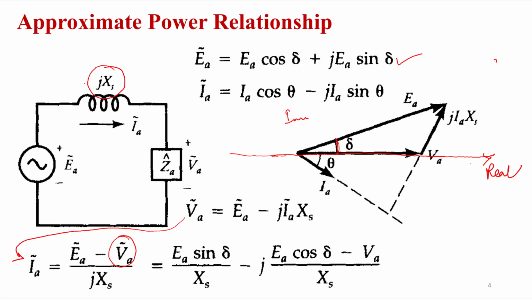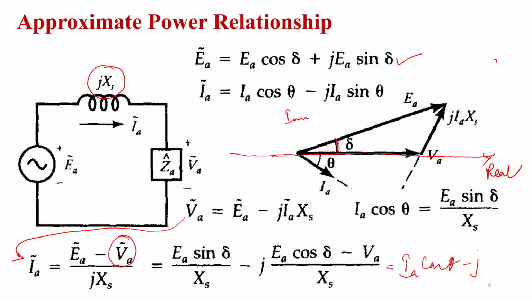So EA minus VA by J of XS, and then by manipulation we get EA sin delta by XS minus J of EA cos delta minus VA by XS, right? Now I'll write IA cos theta minus J of IA sin theta.